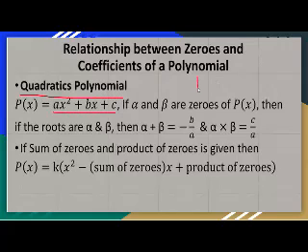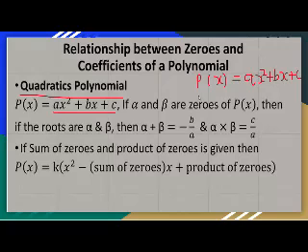So what is a quadratic polynomial here? P of x is nothing but ax squared plus bx plus c. This is your quadratic polynomial.